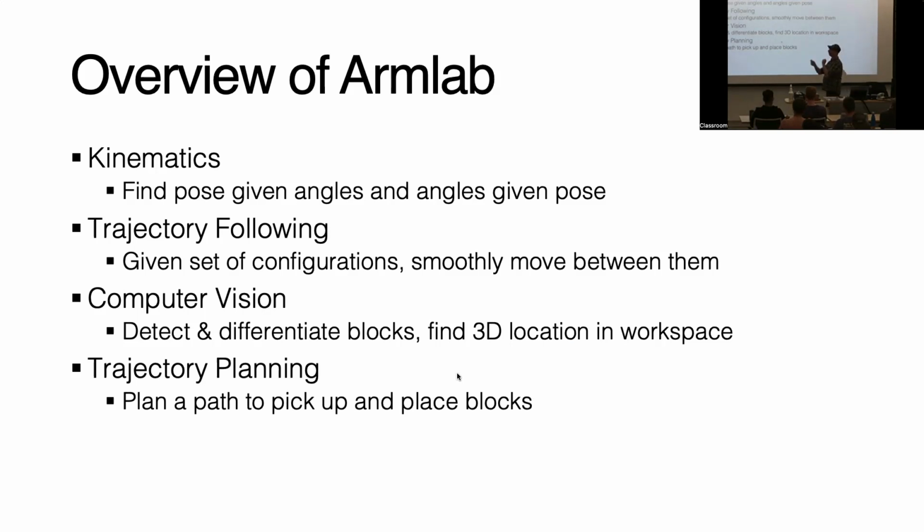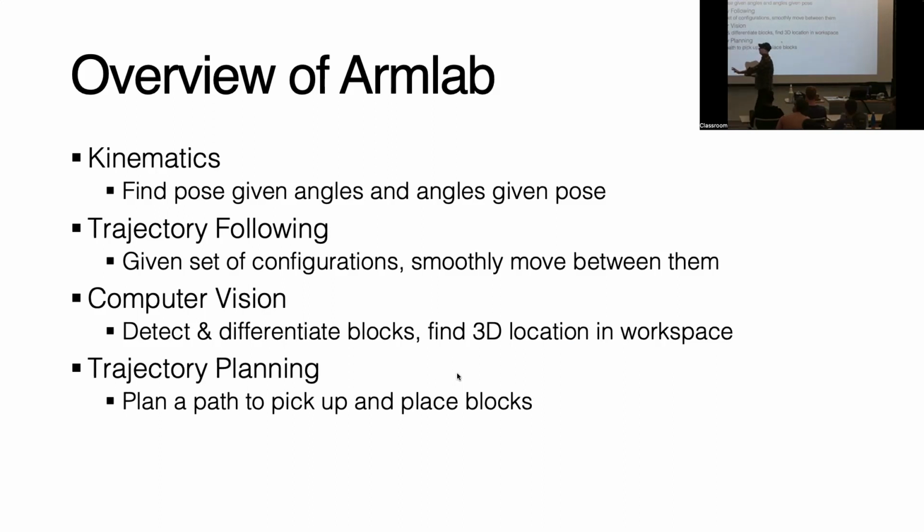You'll program up all the kinematics for the arm, and we'll cover all the math for doing it. We will also be doing trajectory following in configuration space. If you want to move from one pose to another, and you know the joint angles, you can make a trajectory to follow to get the arm to move through different poses.